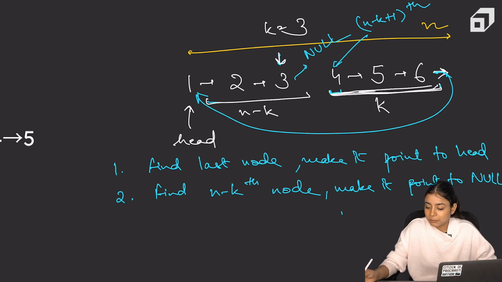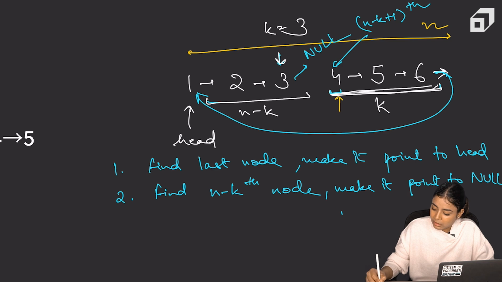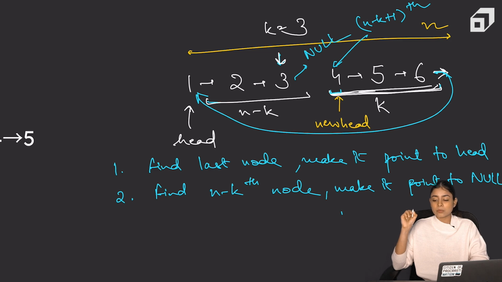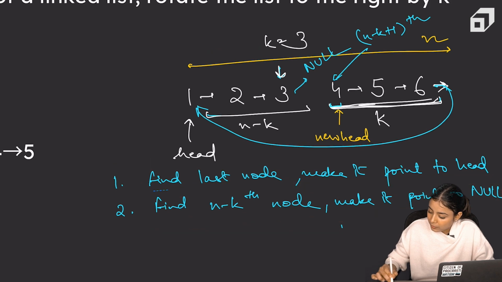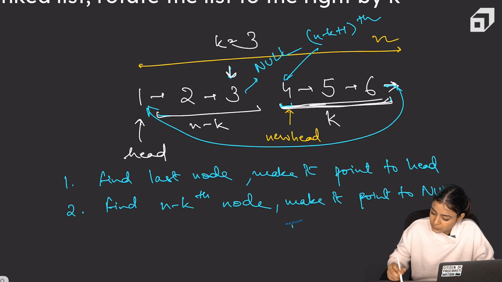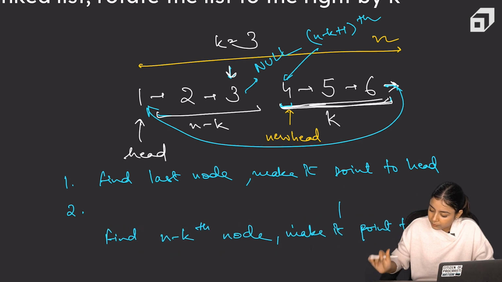So before changing 3's pointer and making it point to null, I can make a pointer and say, okay, this is my new head. So what I'm saying is that this will become my new head.